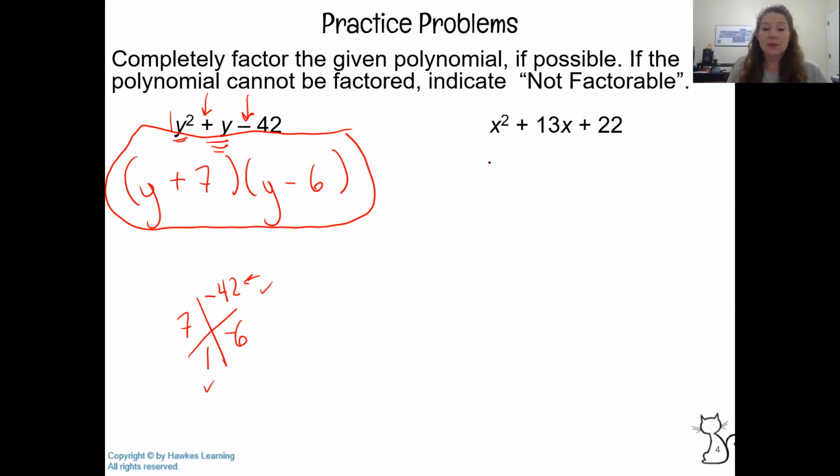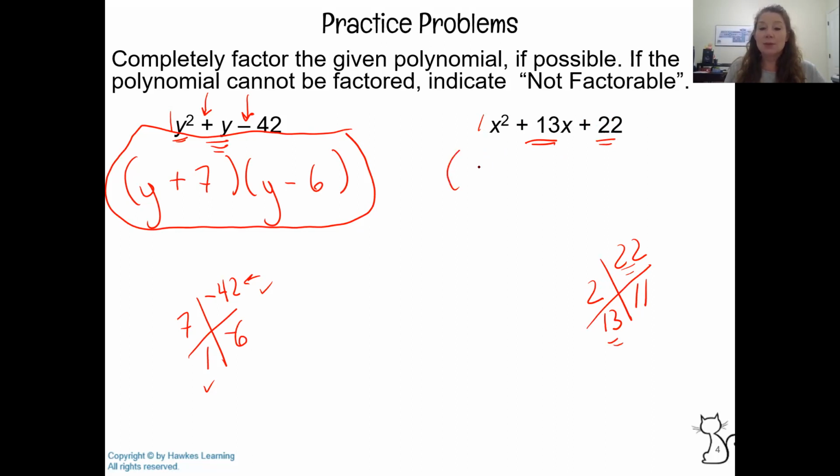Okay, let's try this one right here. Since this is a 1, all we need is two numbers that multiply to give us 22 and add to give us 13. If you think of the factors of 22, it's 1 and 22, and 2 and 11. Doesn't 2 times 11 equal 22, and 2 plus 11 equals 13?